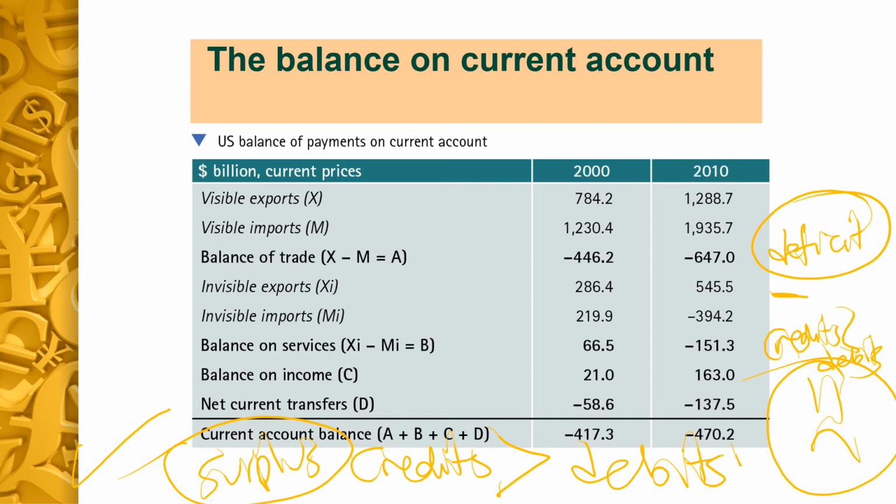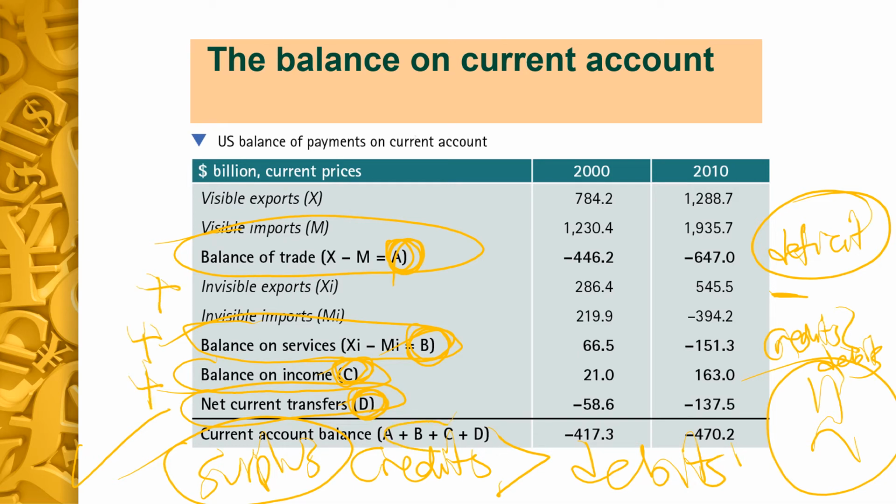Now, as you can see, this is a numerical example. What we did here, we added the balance of trade, and I will denote it by A. And I added with the balance on services, which is denoted by B. And then I have the balance on income denoted by C, and the net current transfers finally, which is denoted by D. So as you can see, when I add all these four components together, I am finding out the current account balance.